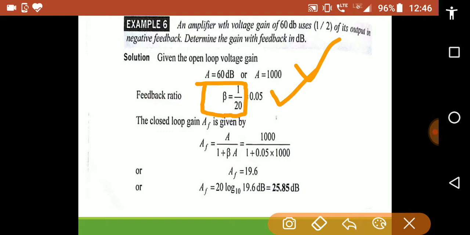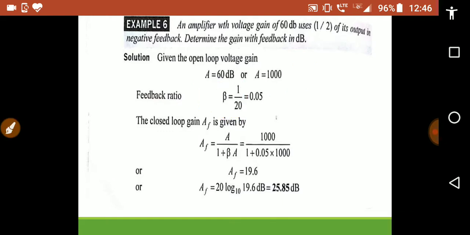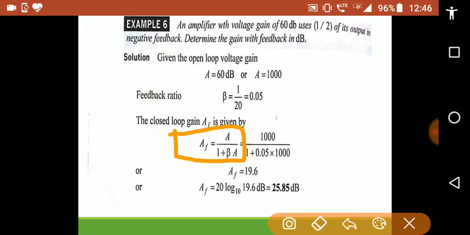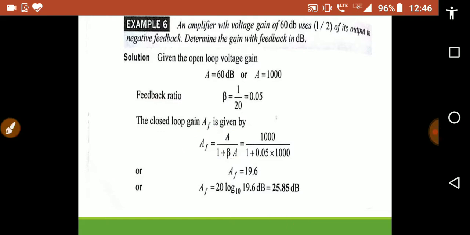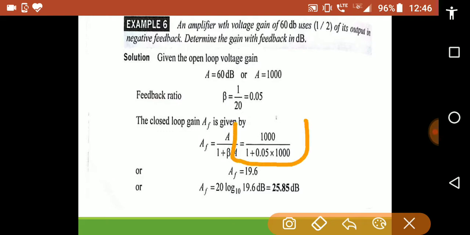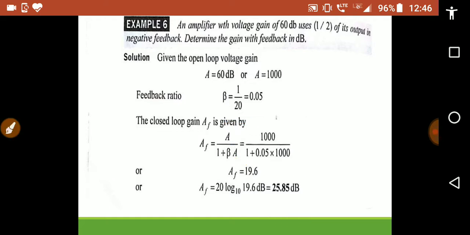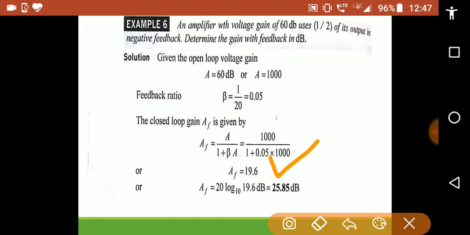So we know that AF equal to A divided by 1 plus beta A equal to 1000 divided by 1 plus 0.05 into 1000. On solving, we have found AF equal to 19.6.